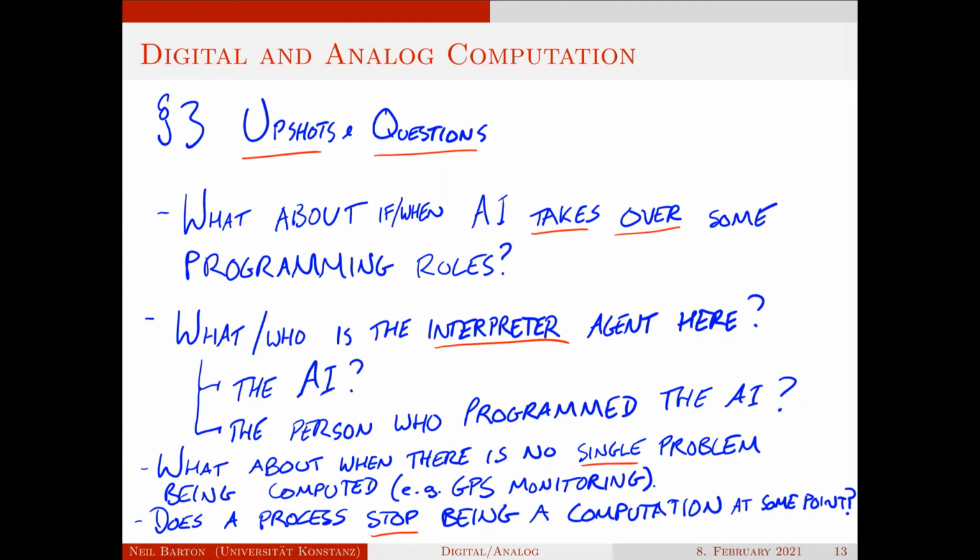Now, once that happens, there's at least a very deep question about who the agent interpreting any code produced by such an AI would be. Remember, here we're looking at a physical process as computation just in case it's designed to fulfill a very particular purpose, and this requires some interpretation on the part of the person, or perhaps it's better to say the agent, that has put it to that task.